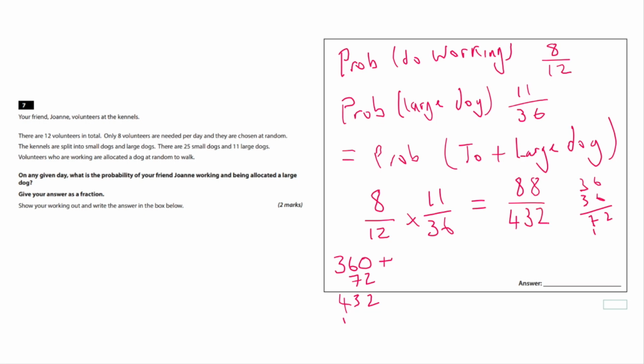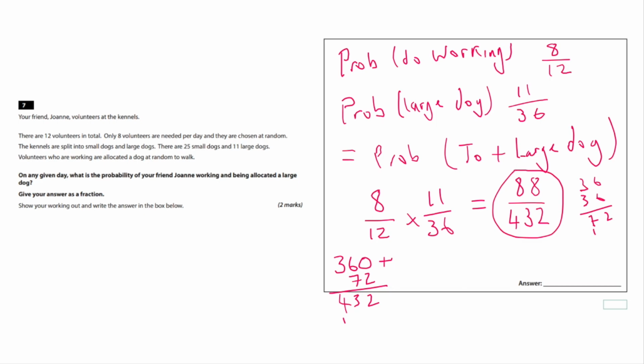432. Now this fraction can't really be divided anymore. I mean, we could cut it in half. Could we cut this fraction in half maybe? So it could be 216 over 44. We could do that, but we've got our answer.